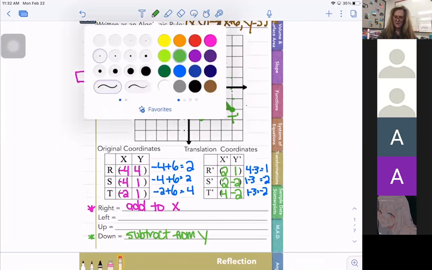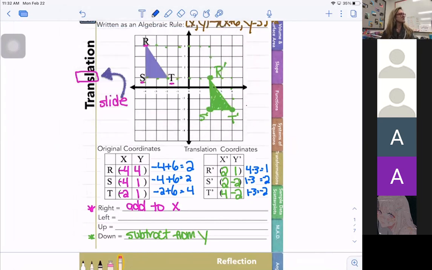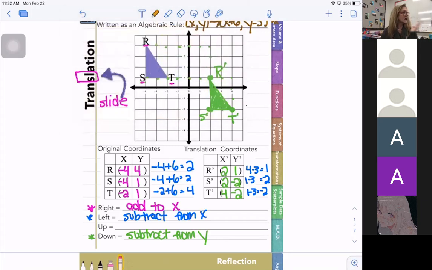If I was going to the left, what do you think I would do? Subtract from x if I'm moving to the left. Which means if I'm moving up, what am I doing? Adding to y.